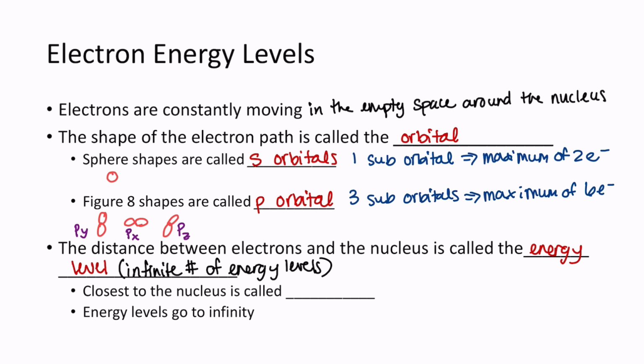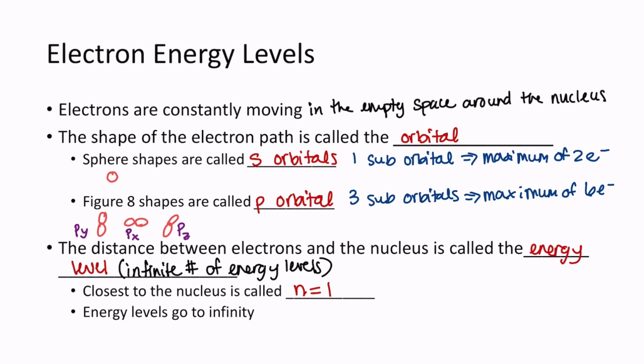The closest energy level to the nucleus is called the n equals 1 energy level, and they increase as you go up. So we'll get n equals 1, n equals 2, n equals 3, etc.